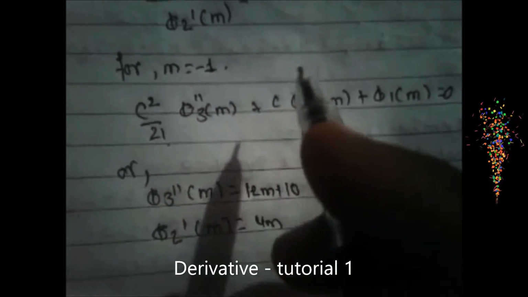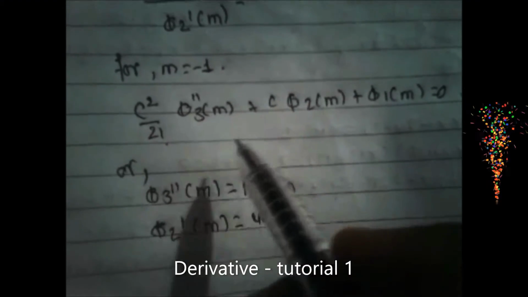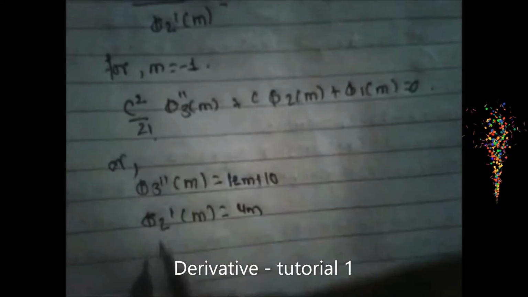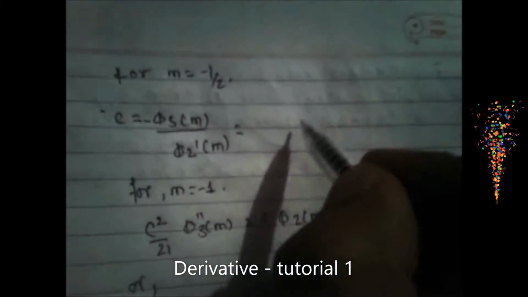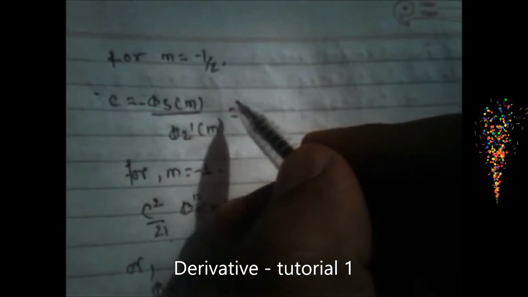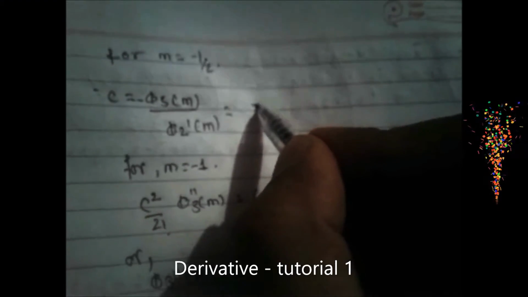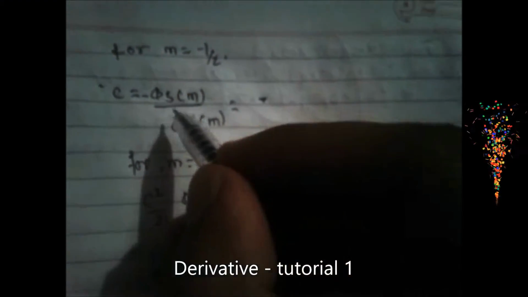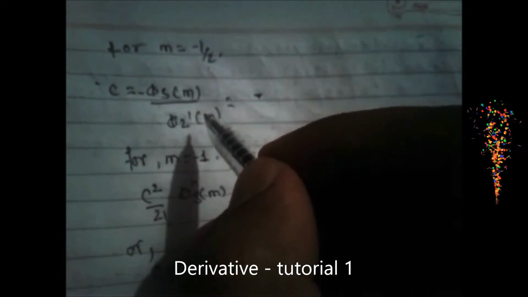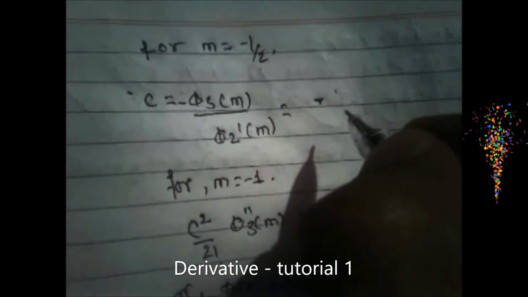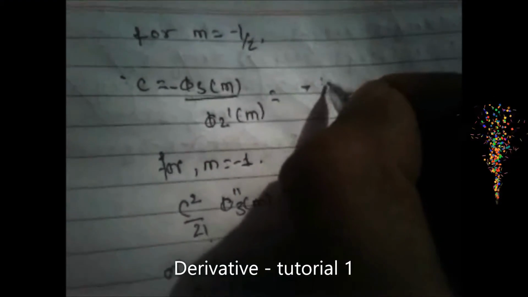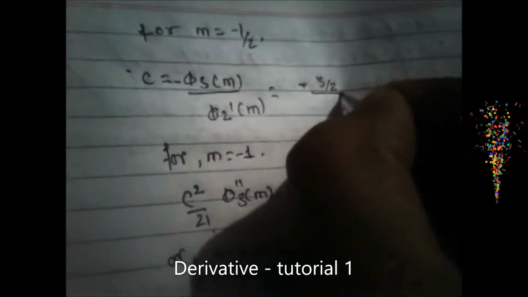So now we go toward calculation. First we will do this phi 3 of m minus phi 3 of m. When we put the value of m to be minus 1 by 2, then we get phi 3 m is, so we get the value minus 3 by 2, and phi 2 dash.